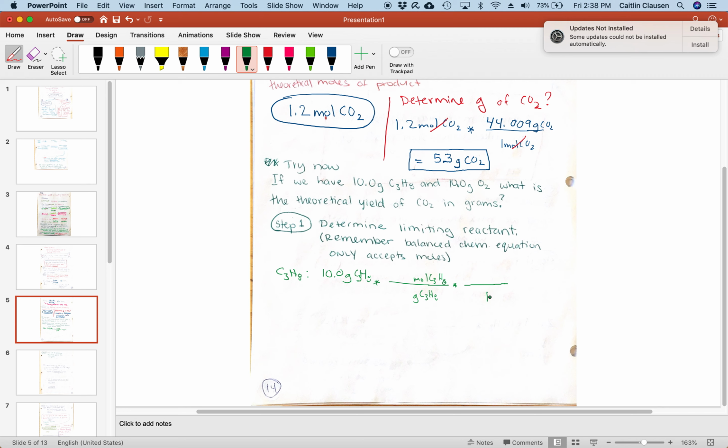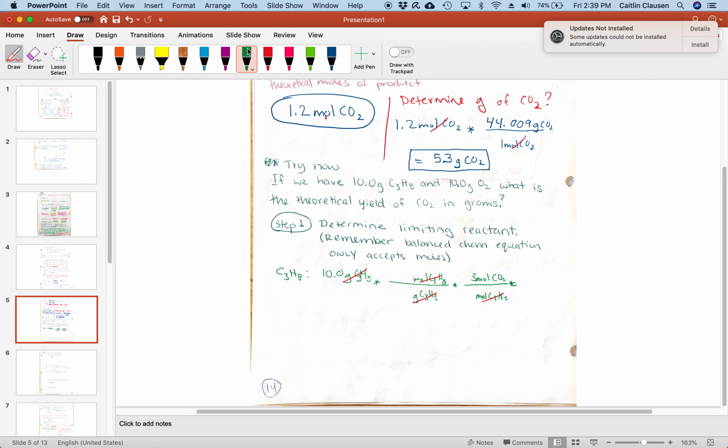I know for every 1 mole of C3H8, I get 3 moles of CO2. And that's going to give me moles. So grams of C3H8 cancel, moles of C3H8 cancel.